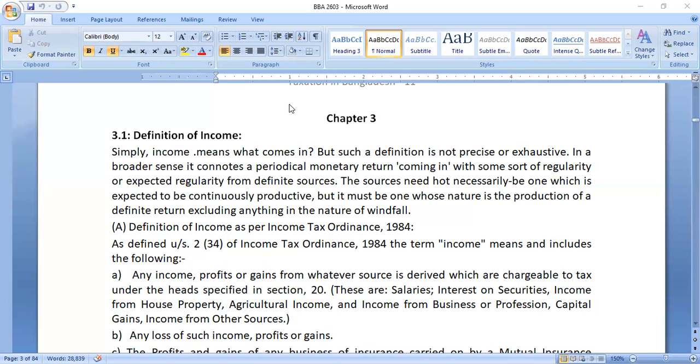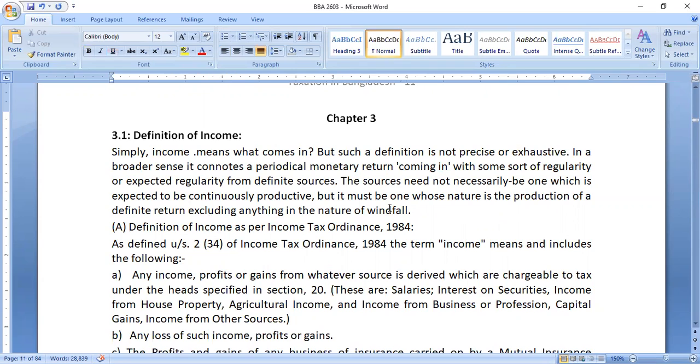The sources need not necessarily be one which is expected to be continuously productive, but it must be one whose nature is the production of a definite return, excluding anything in the nature of windfall.